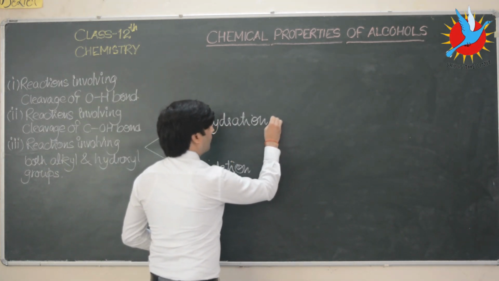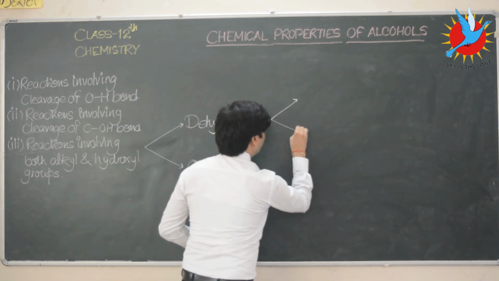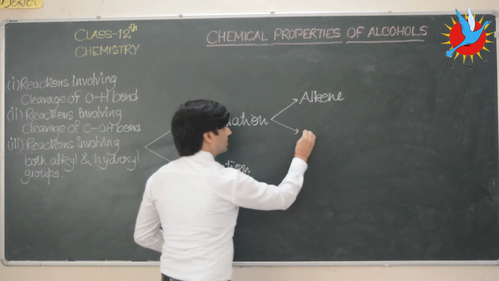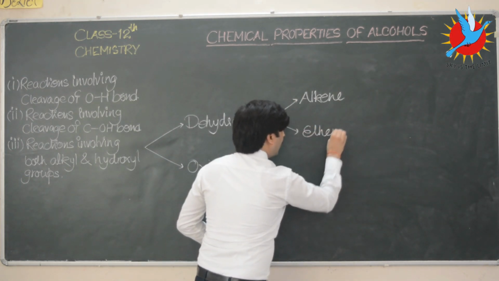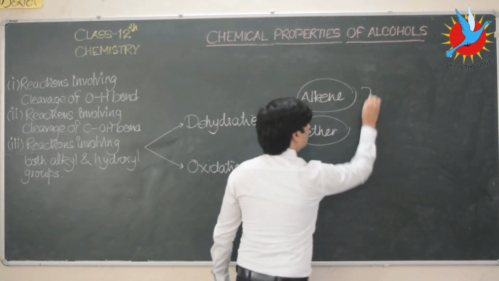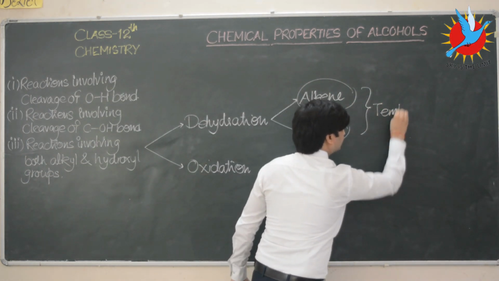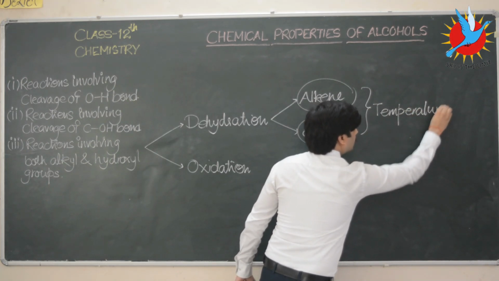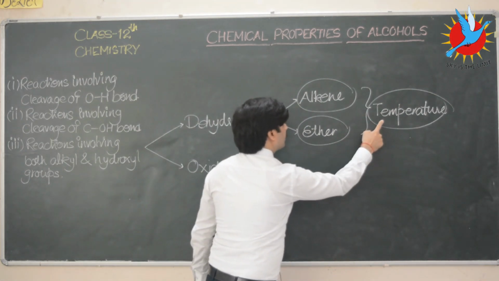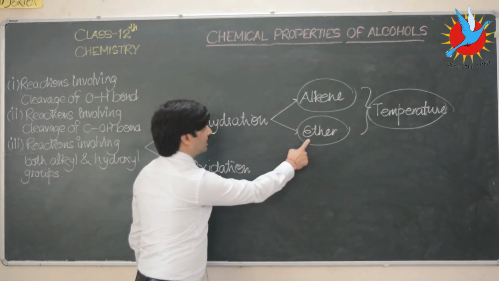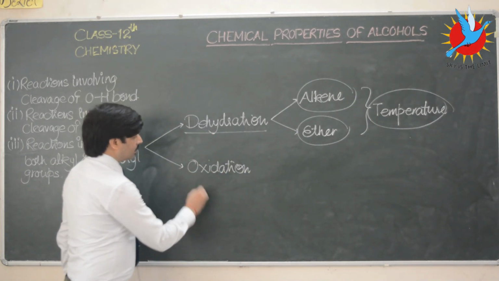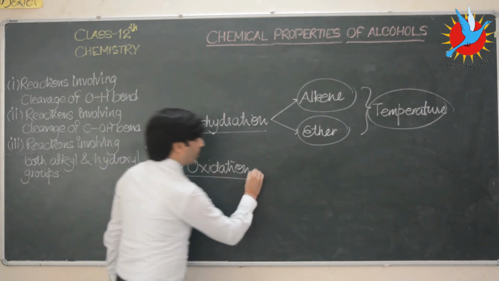Upon dehydration of alcohol, the products will be alkene or ether, and the product formed will be totally based upon temperature condition. So it will be decided by temperature only whether the product will be alkene or ether.